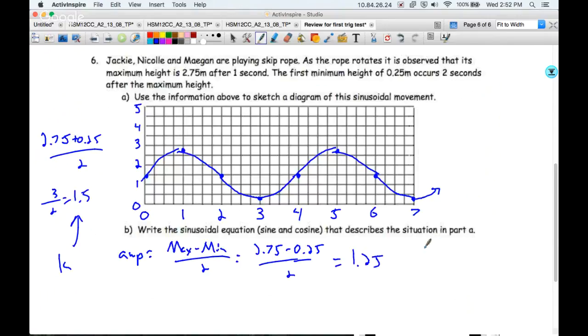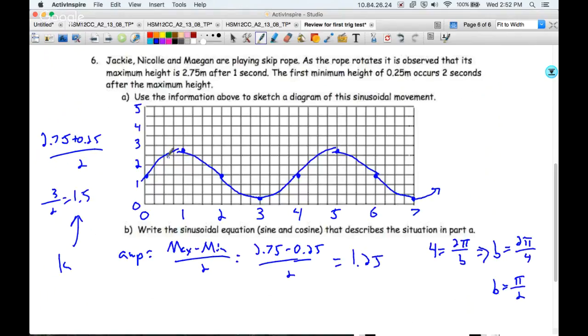Our b value, so the period here, it's repeating every 1, 2, 3, 4 seconds. So 4 equals 2 pi over b. Switch that around, and we got b equals 2 pi over 4, and then b equals pi over 2.